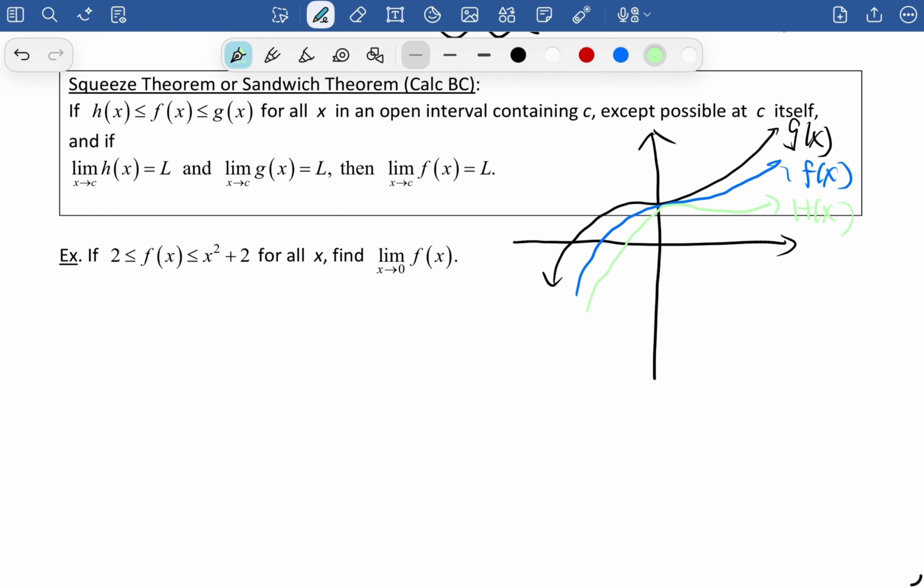We're trying to evaluate the limit of f of x. So instead, we can try to evaluate the limit of the two functions from the sides first. So when the limit as x approaches 0 of 2, you're going to get 2, right?